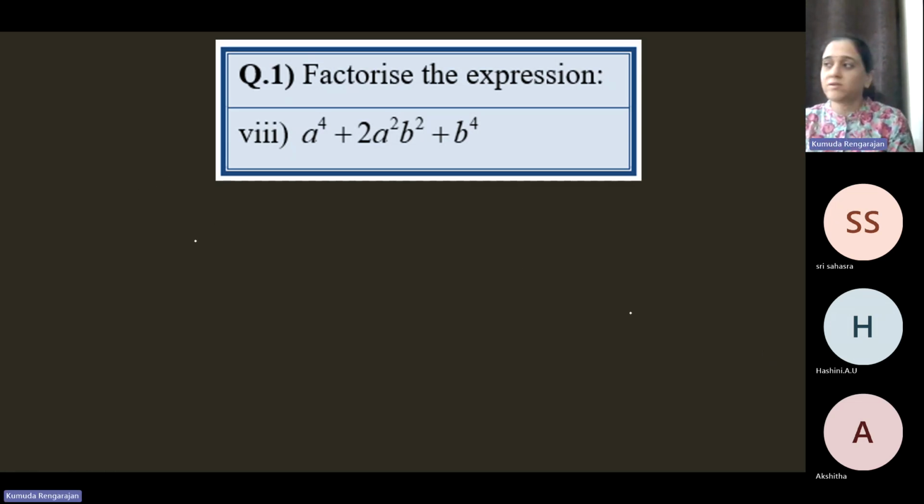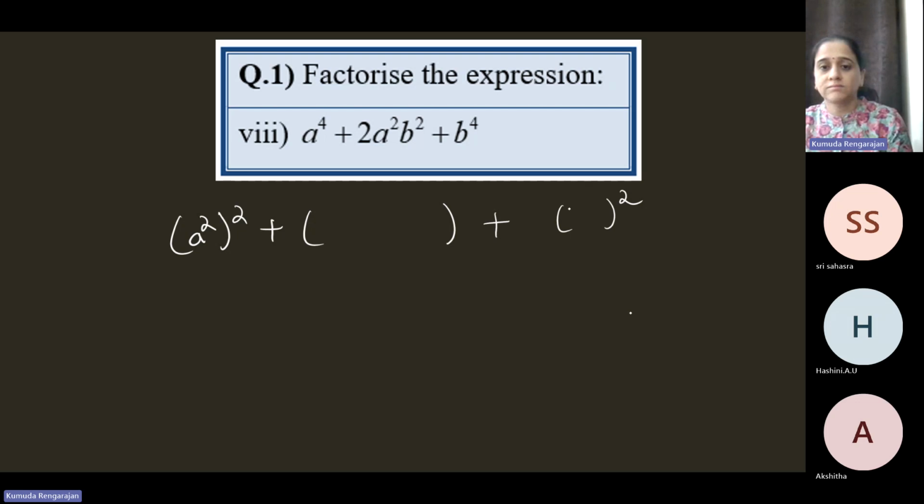See this? Again, we have three terms, and the first and the last terms are perfect squares. So we'll try to present this in the form x squared plus 2xy plus y squared.